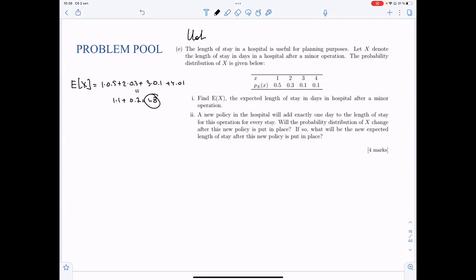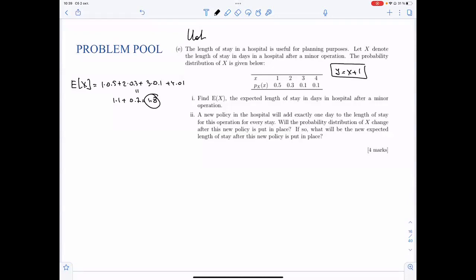Will the probability distribution of X change after this new policy is put in place?